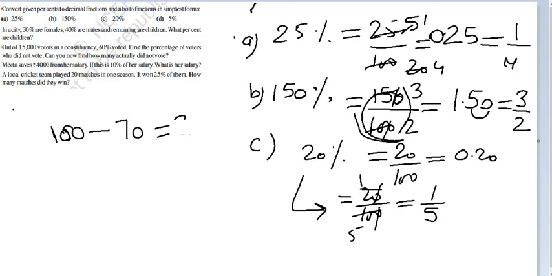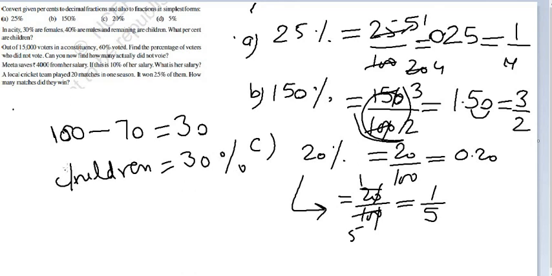So it will come 30. That means children are equal to 30%.